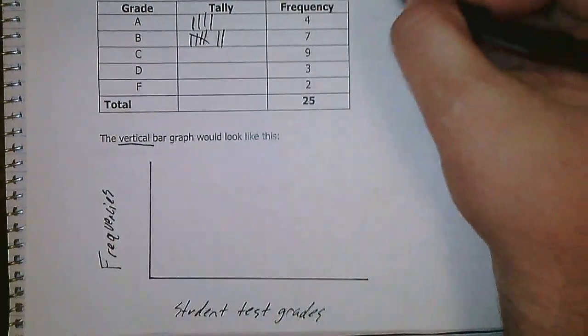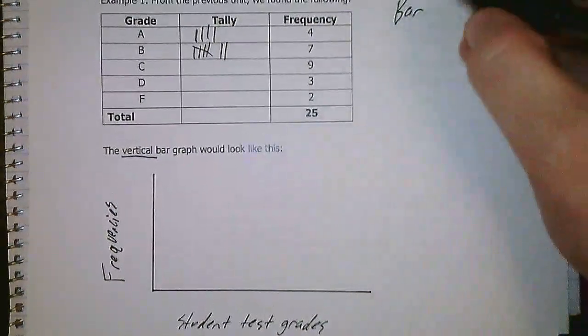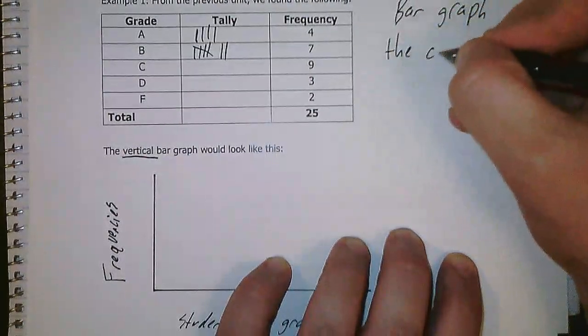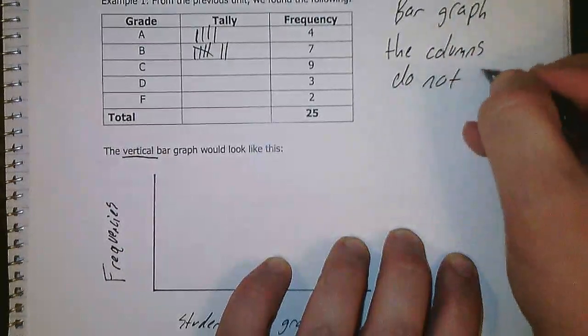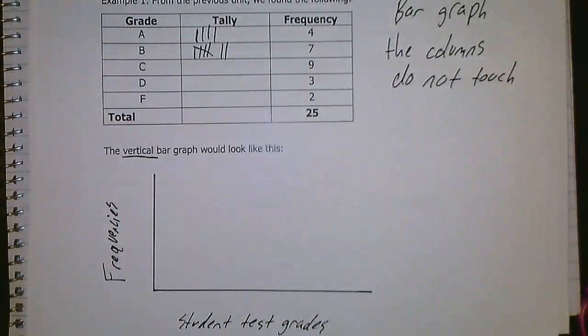This is important to note. In a bar graph, the columns do not touch. They do touch in a histogram, which we will look at shortly.